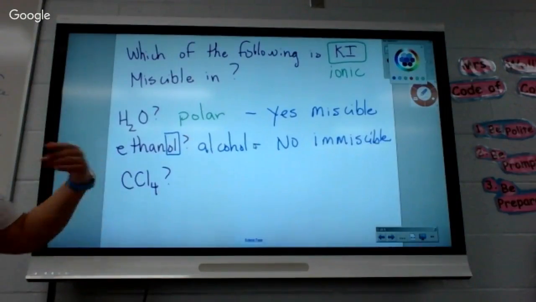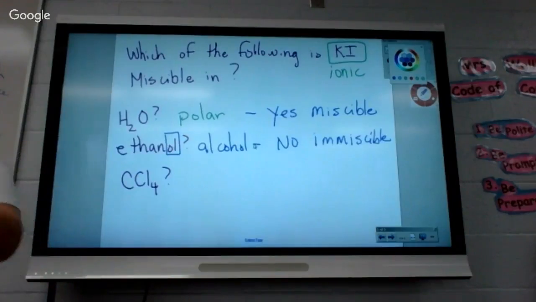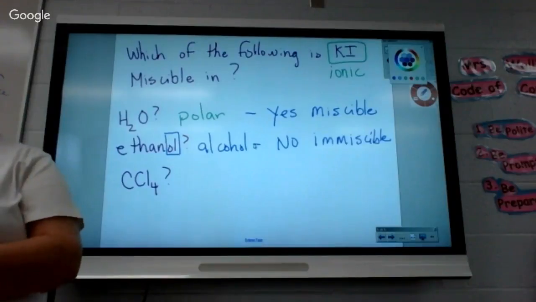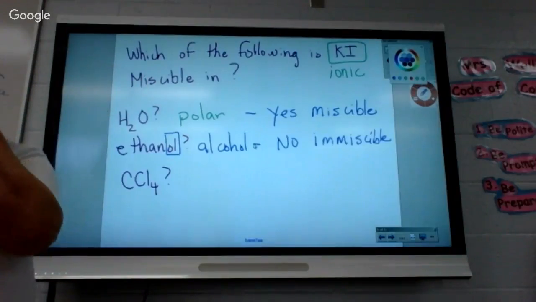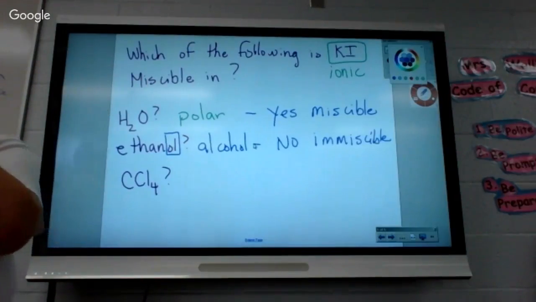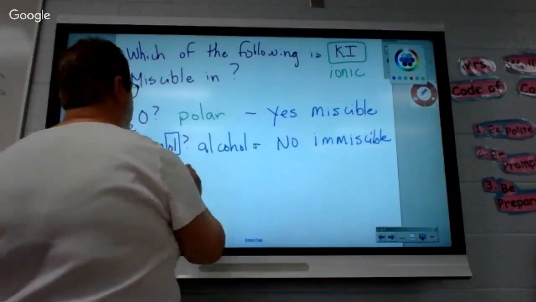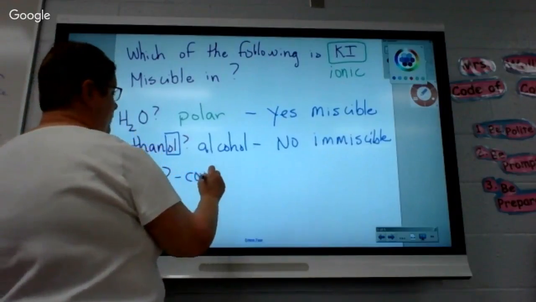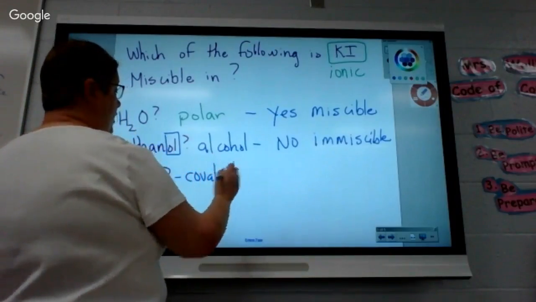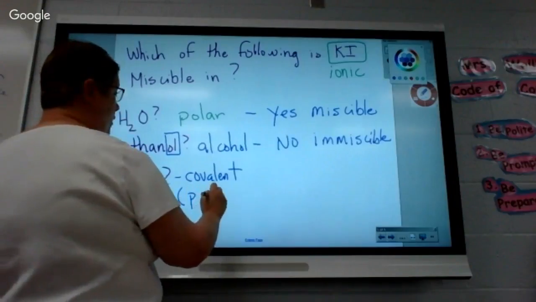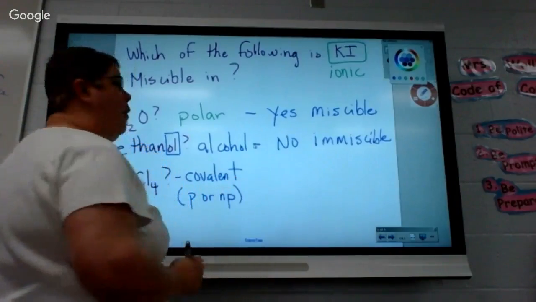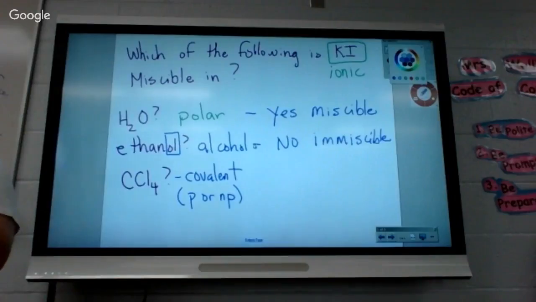All right, CCl4. What do we know about CCl4? All right, is it ionic or covalent? Let's start there. It's covalent. Okay. So we do know that it's covalent. All right, so we need to figure out if it's polar or non-polar. That's where we need to go with that conversation once we know it's covalent.